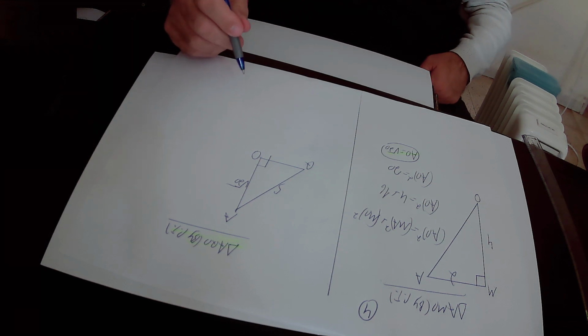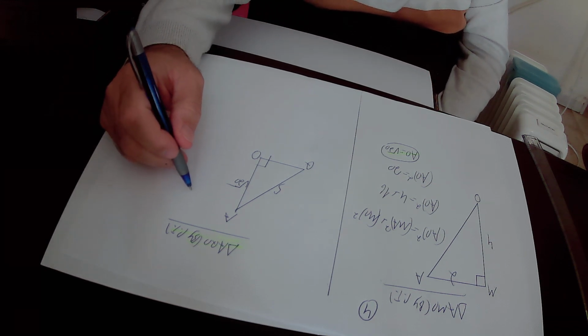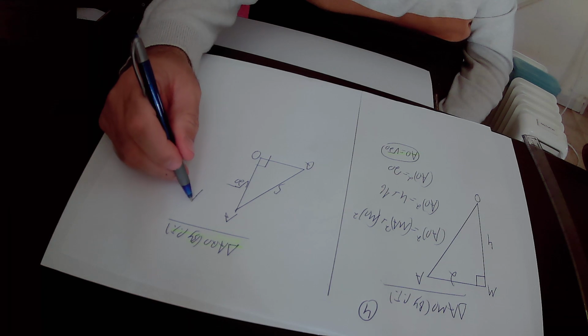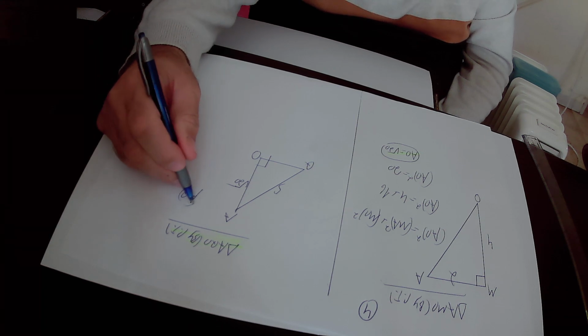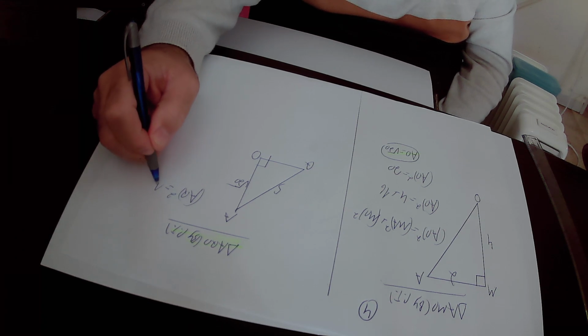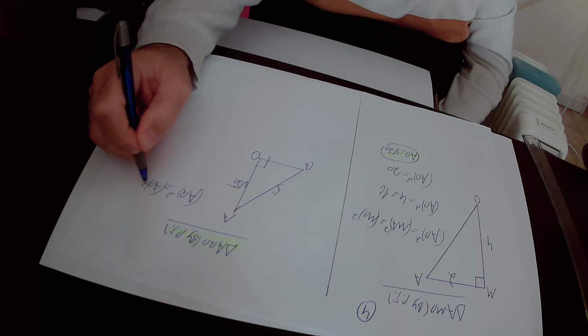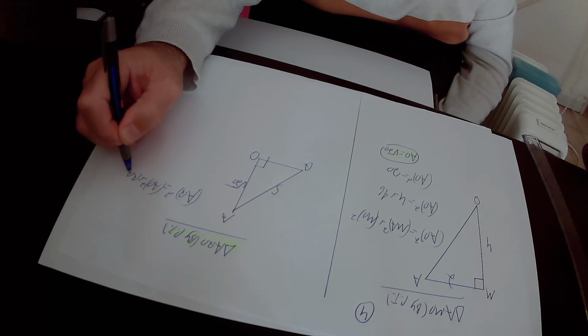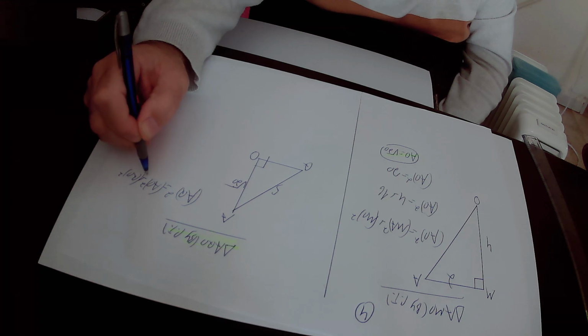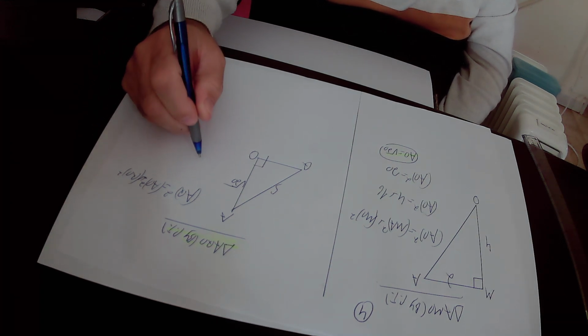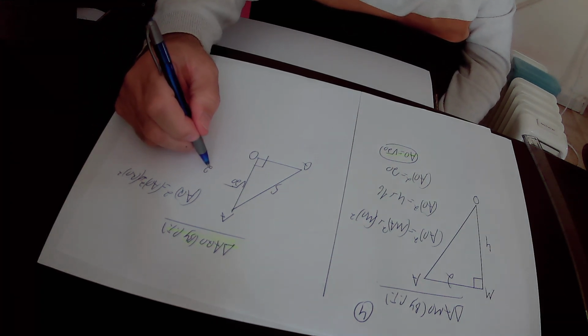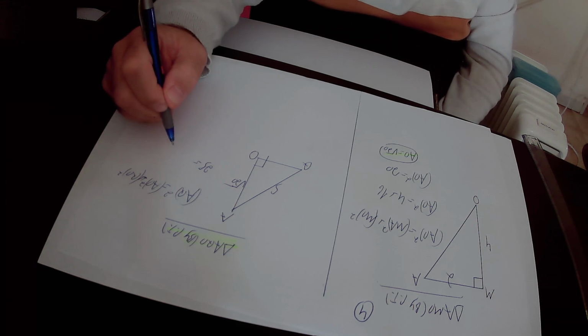By PT is the version for Pythagoras theorem. According to the Pythagoras theorem, AQ squared equals AO squared plus QO squared. AQ is 5, therefore AQ squared is 5 squared, that is 25, and is equal to AO squared.